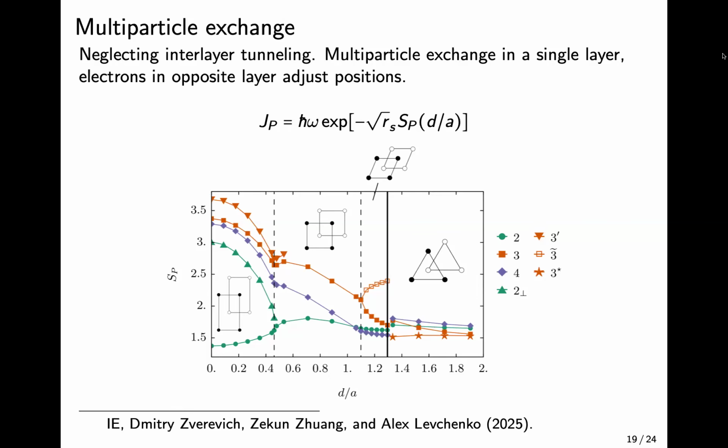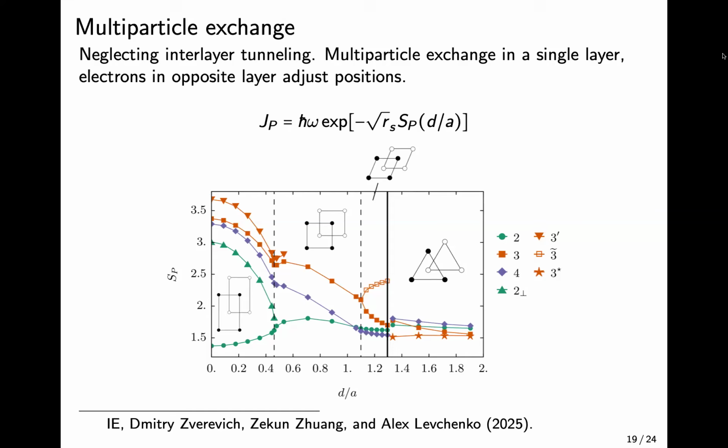So the thing that I really want you to note about this, again without going into all the details, is that the least action path changes as a function of the interlayer distance.